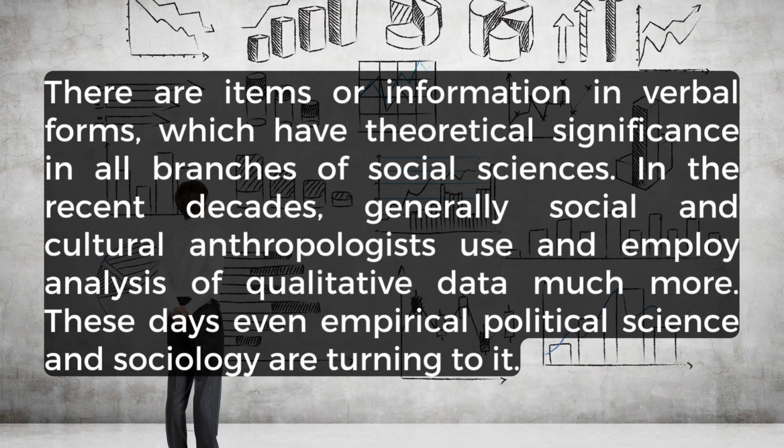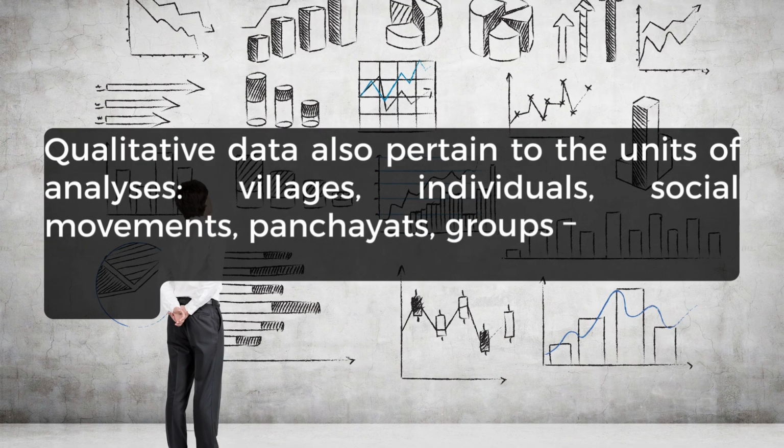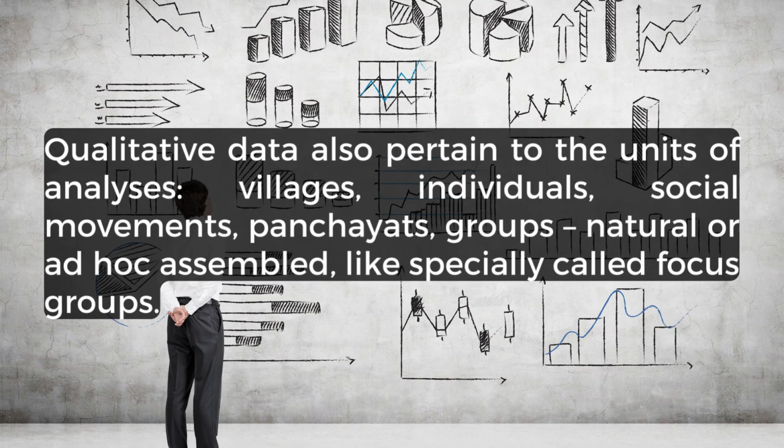These days, even empirical political science and sociology are turning to it. Qualitative data also pertains to units of analysis, for example villages, individuals, social movements, panchayats, and groups, natural or ad hoc assembled, like specially called focus groups.